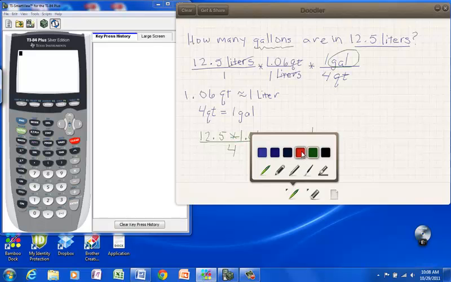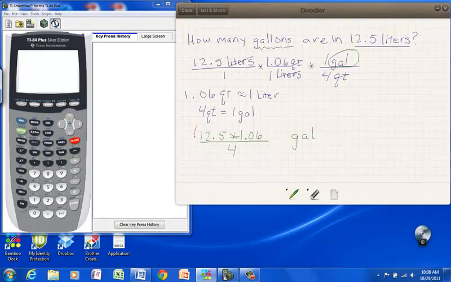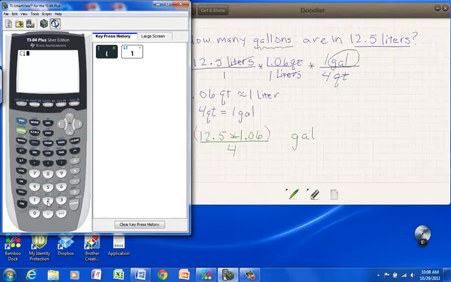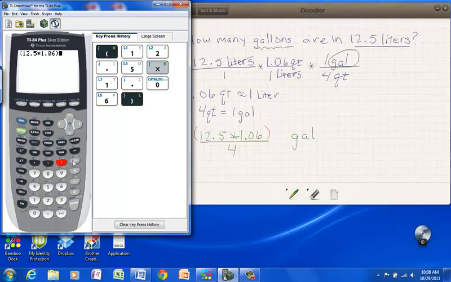When I go to my calculator, I have to remember to put grouping symbols around the top of that fraction. All right, so let's go do that calculation over here. Okay, there's my answer.